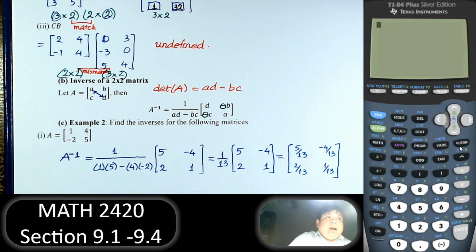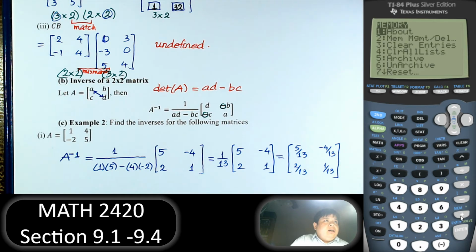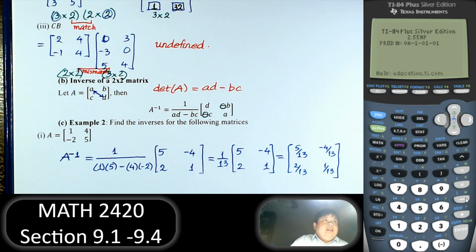Now if your calculator can do everything on the home screen, the way we check this is hit second and the plus sign, about, hit enter. It will tell you what operating system you have. If you're using the TI-84 Plus, it should be 2.55.